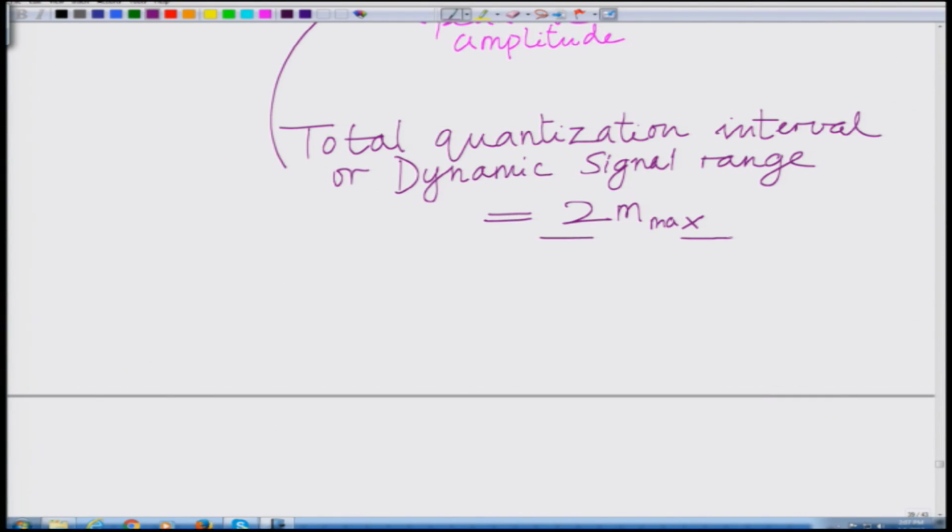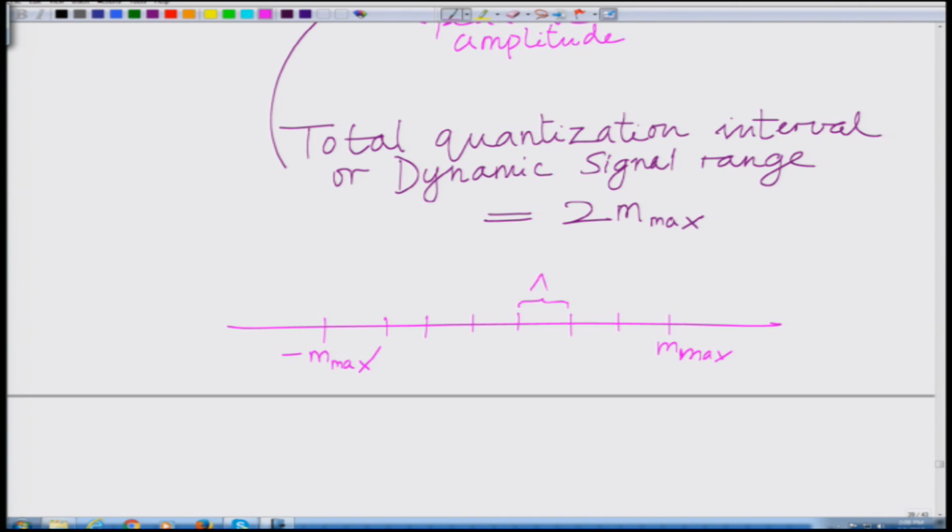Now, this is being quantized with a quantization interval, that is quantization step size delta, which means you have twice m max as your dynamic range. So, you have minus m max over here, you have m max over here, and you are dividing this into uniform intervals of width delta.